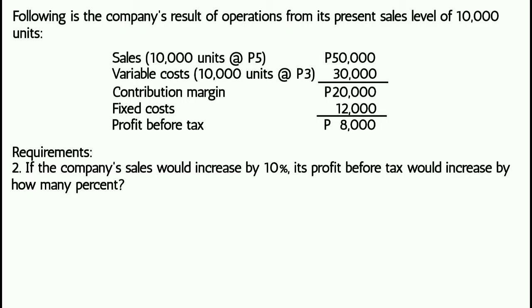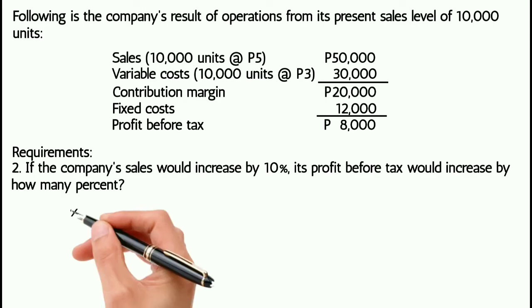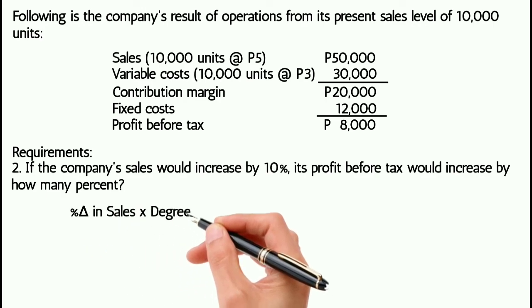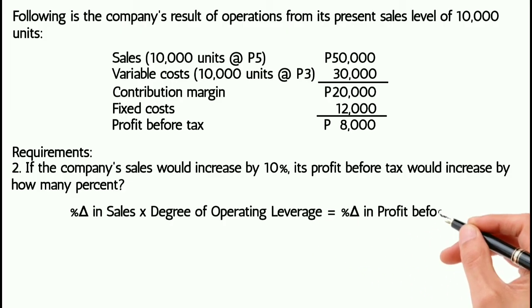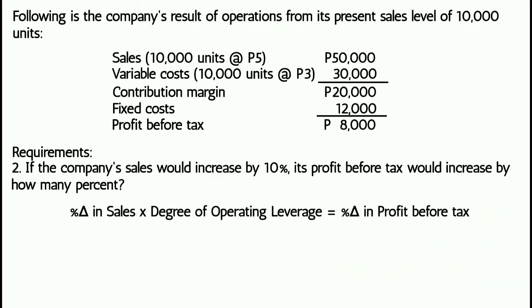Next, requirement number 2, if the company's sales would increase by 10%, its profit before tax would increase by how many percent? Since na-compute na natin kanina yung degree of operating leverage, imumultiply lang natin yung degree of operating leverage sa percentage change in sales para makuha natin yung percentage change in profit.